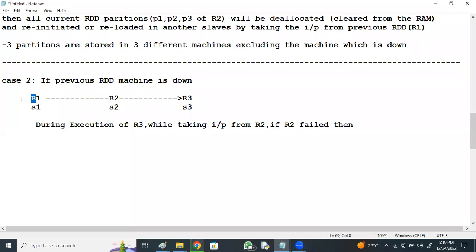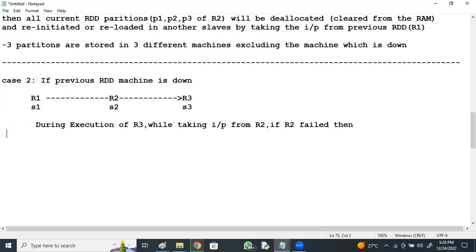So here, while R3 is taking input from R2, suddenly the R2 machine goes down. Can R2 again take the output of R1 and recompute? No, right? Because R1 is not available.